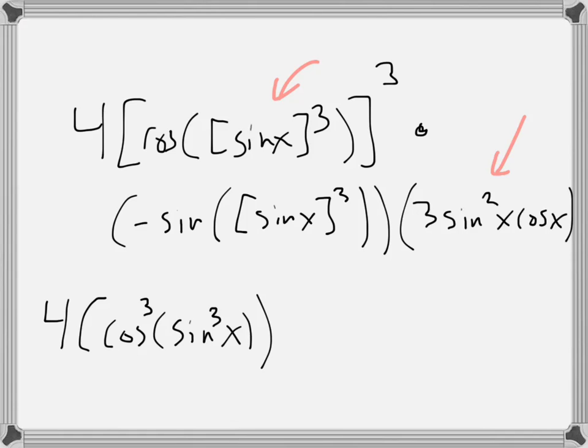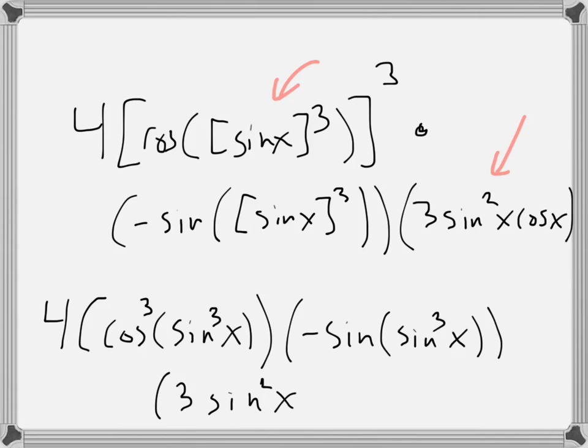So 4 times cosine cubed of sine cubed of x times minus sine of sine cubed of x times 3 sine squared x cosine x. So again, I'm a bit out of space. Let me just write a multiplication symbol here. And so that'd be the final answer.